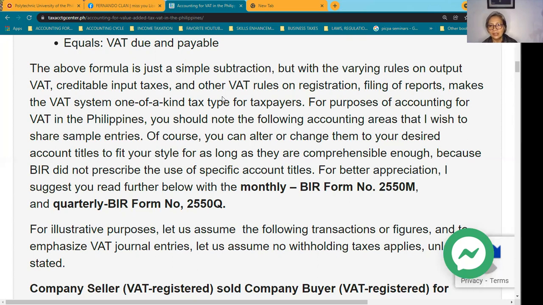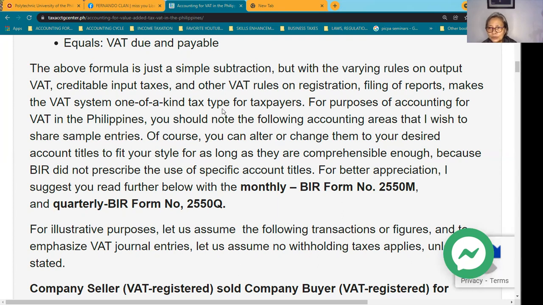Now, isi-set up mo ngayon at the end of the month, magkano yung VAT payable mo talaga. So, isa-summarize mo lahat ng output VAT mo at input VAT mo. Pag nakuha mo na yung total, kukumputin mo na kung meron kang excess output or meron kang excess input. Okay, i-close lang muna natin lahat.